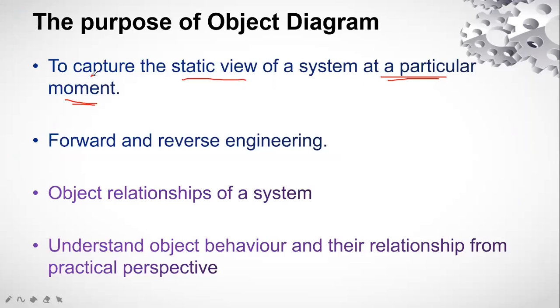If a diagram is capturing the static view of a system only up till here, then it is said to be a class diagram. But when it is capturing the static view of a system at a particular moment, that is the object diagram. It is used in forward and reverse engineering as in the class diagram. Object relationships are defined in a system: how the objects are related to each other, how they are dependent, how they are associated, and all these terms.